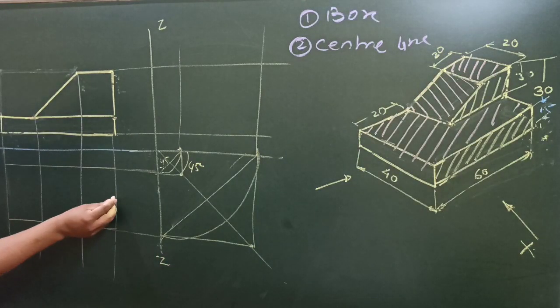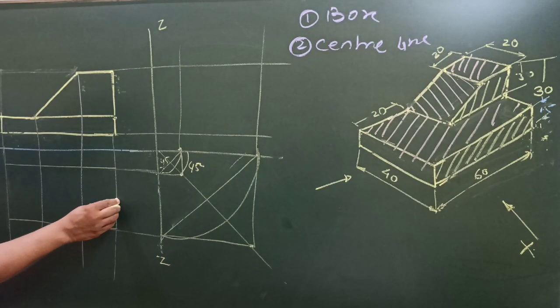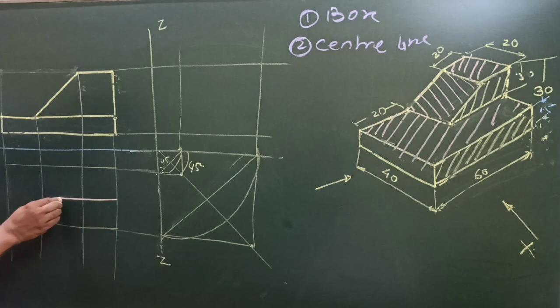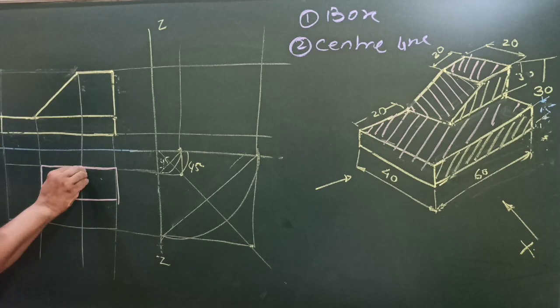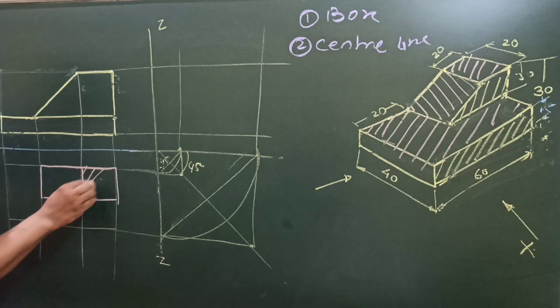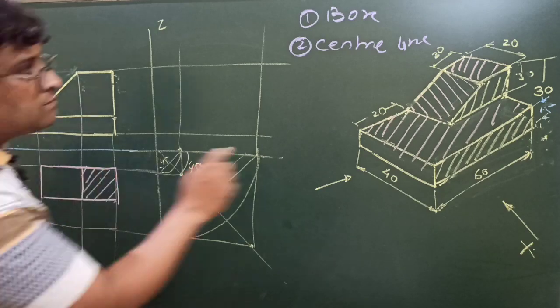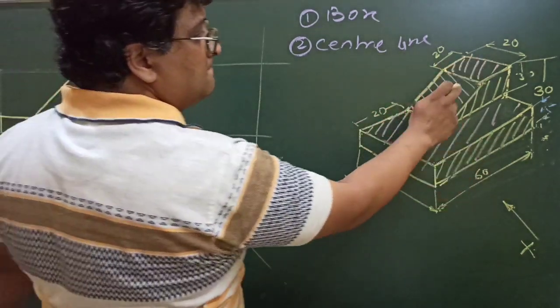So what will happen, you take 20 mm from this direction and draw where this is the square of 20 by 20, this one, the top face.